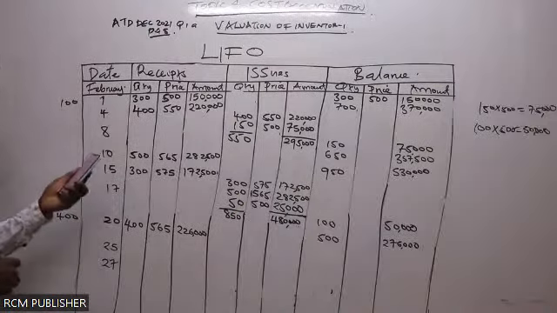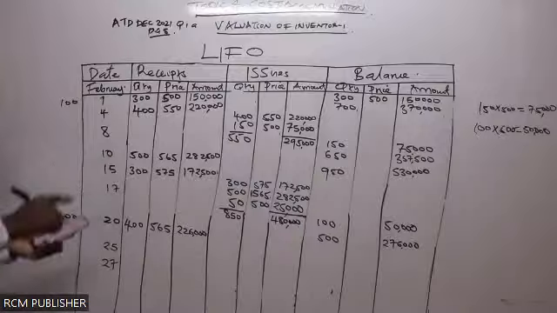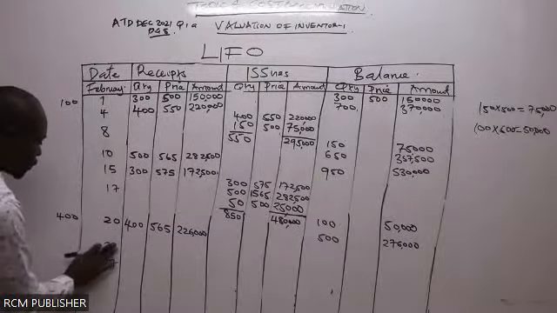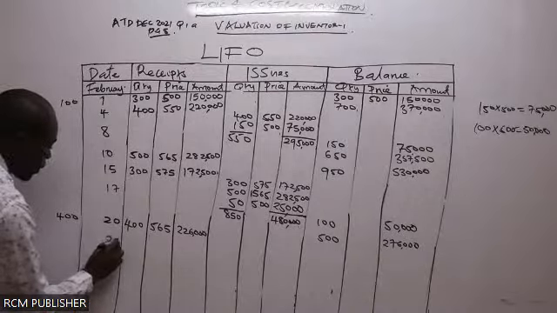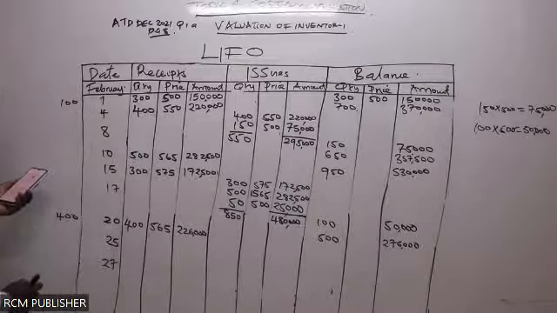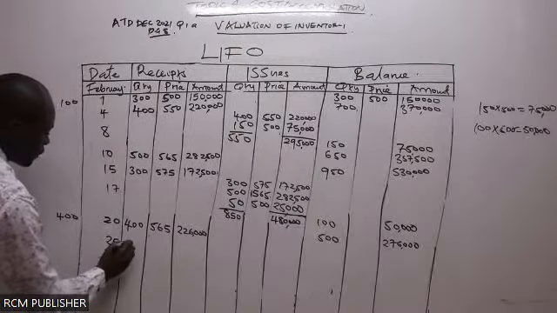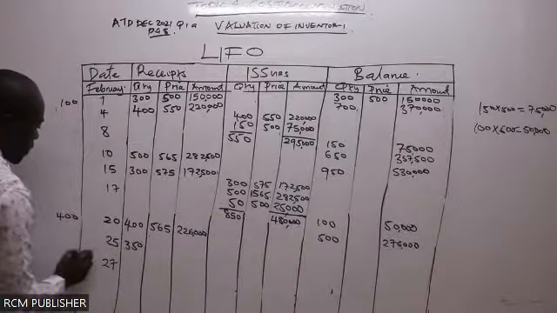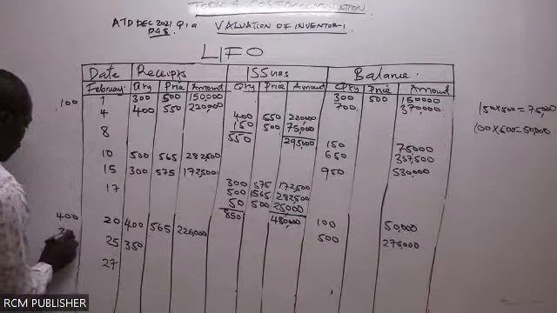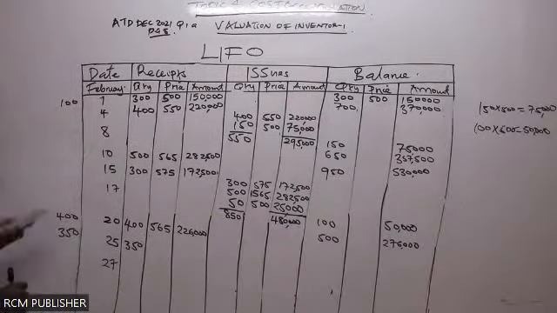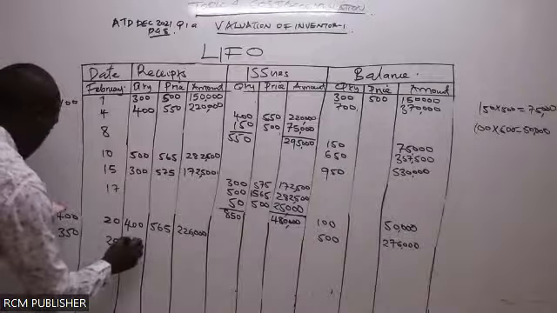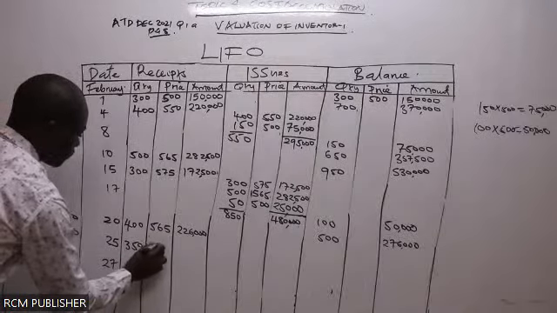Then I move to the next date, which is 25th. I received additional goods. So on 25th, I'm receiving another batch of 350. Another batch of 350. I indicate it there. At what price? At 550.